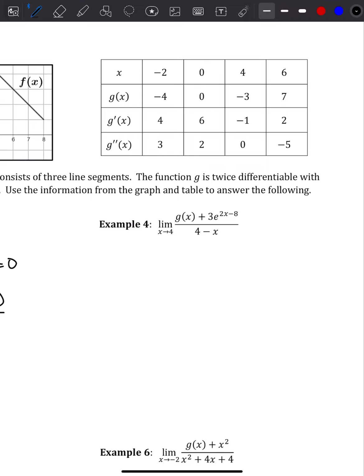So the limit as x approaches 4 of g of x plus 3e to the 2x minus 8, that is going to equal negative 3 plus 3e to the 2 times 4 minus 8, which equals 0.